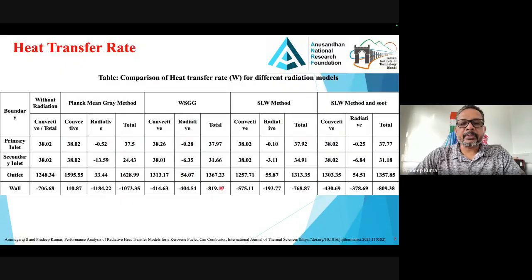However, with the WSG model, it is around 15 times higher than the case without radiation, but convective and radiative are of the same order, and they are in the same direction. With the SLW model, it is hardly 10% higher, but radiative is one third of the total. If you include soot, it further contributes to radiative heat transfer, increasing radiative heat flux and reducing convective heat flux. In this way, it tells the importance of radiation.